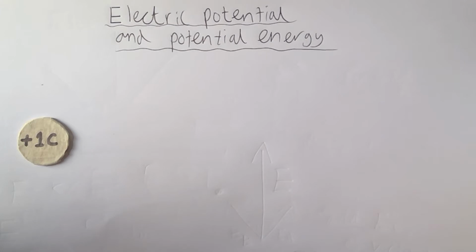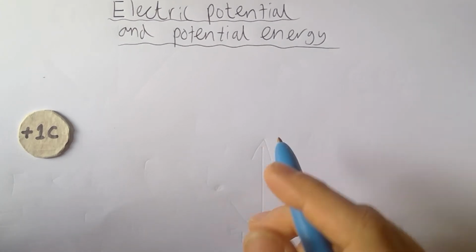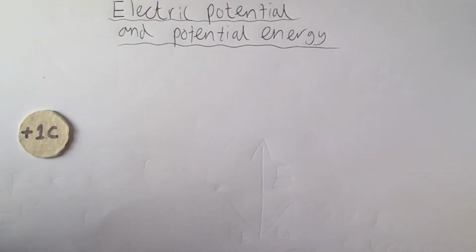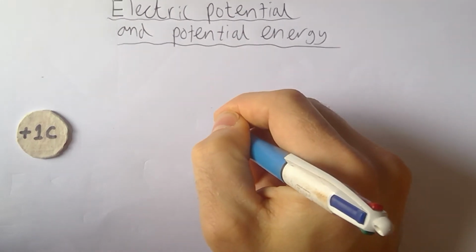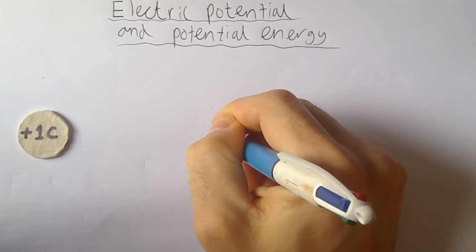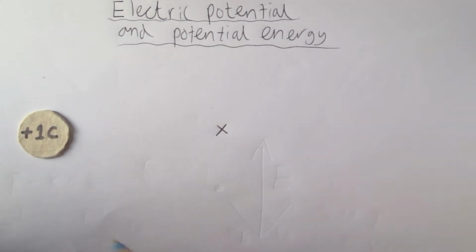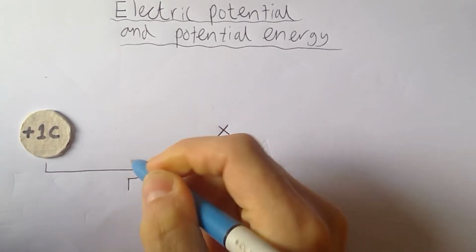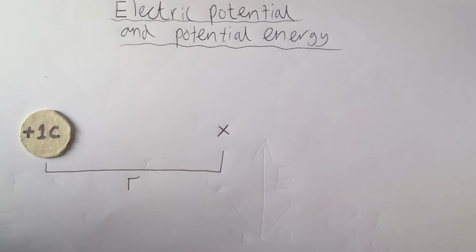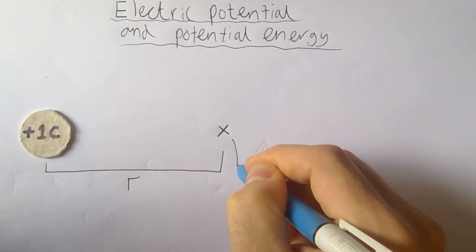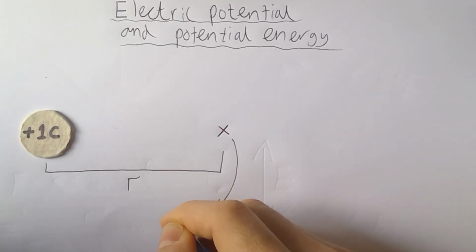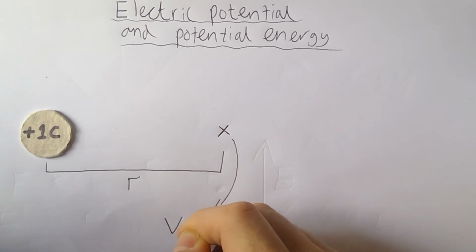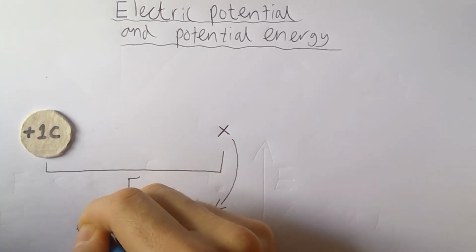Right, what I'm going to start off with though is looking at the electric potential. So if I just consider a point in space here, distance r from the centre of this charge, I could work out a quantity here, the electric potential, VE.